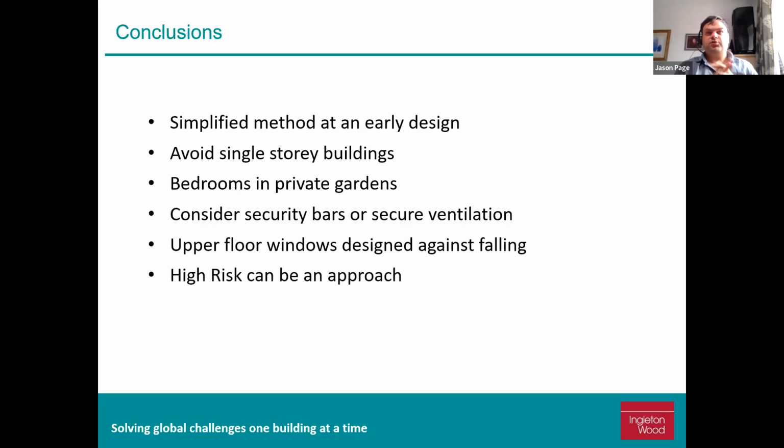Also, for most projects outside of London, we're going to be in a moderate risk area, but it's worth saying that we do have the option to move to high risk if we want. That changes some of the criteria, but in some cases, particularly where the most glazed facade is west facing, it can reduce the targets. It does that because in addition to the criteria, you have to include some form of solar control.